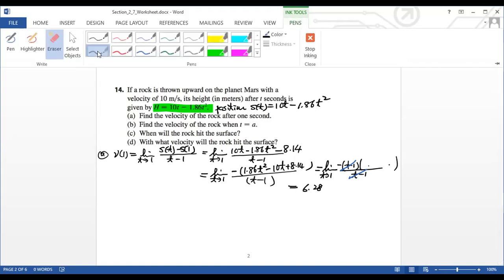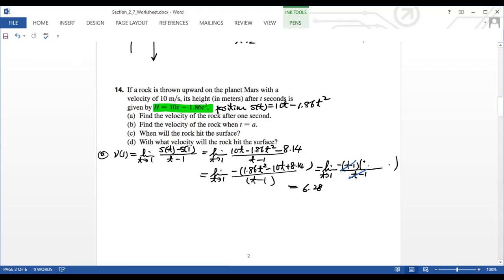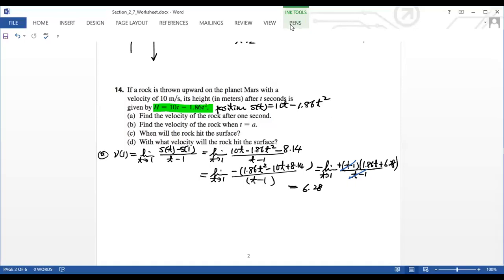So this will be the 1.86t minus 6.28. Okay, so the 1.6t plus 6.28. So this is plus here. So it's a 6.28.